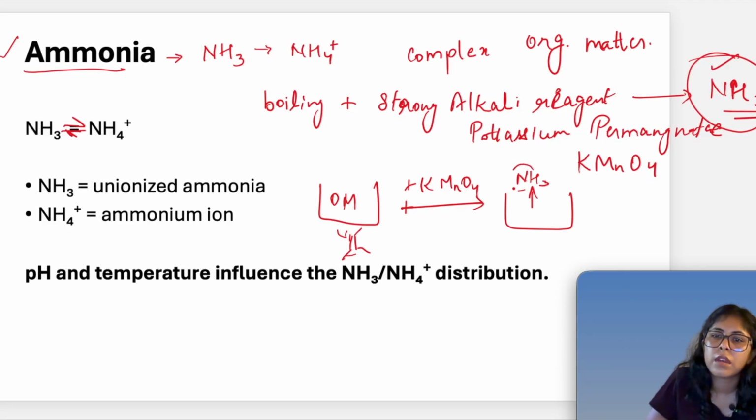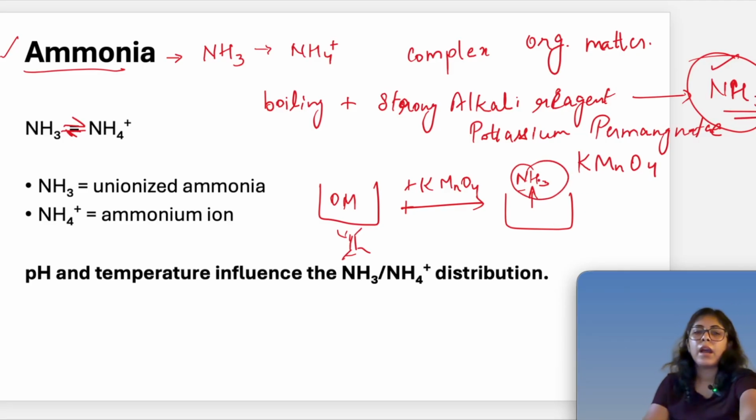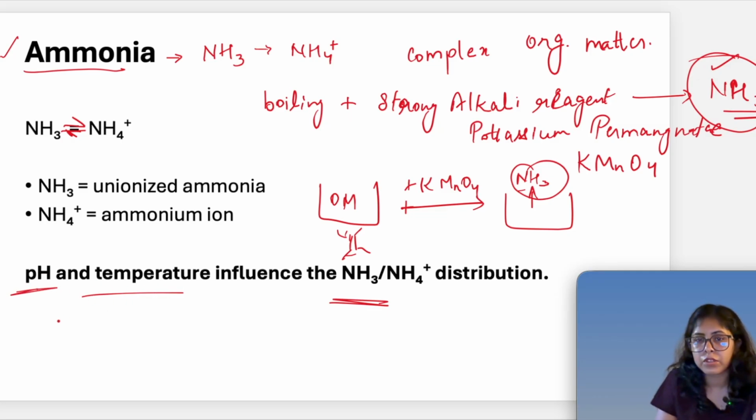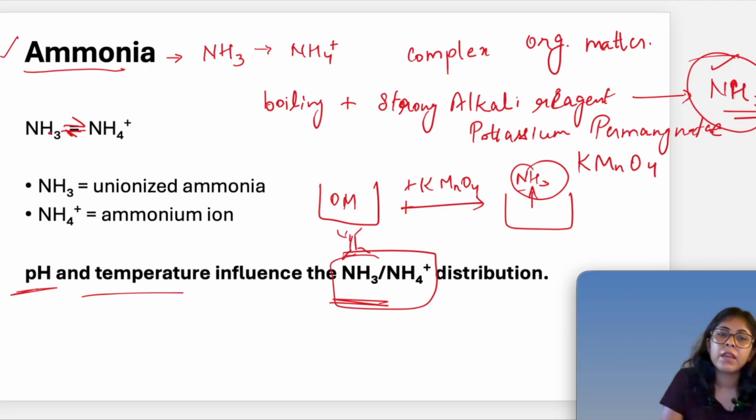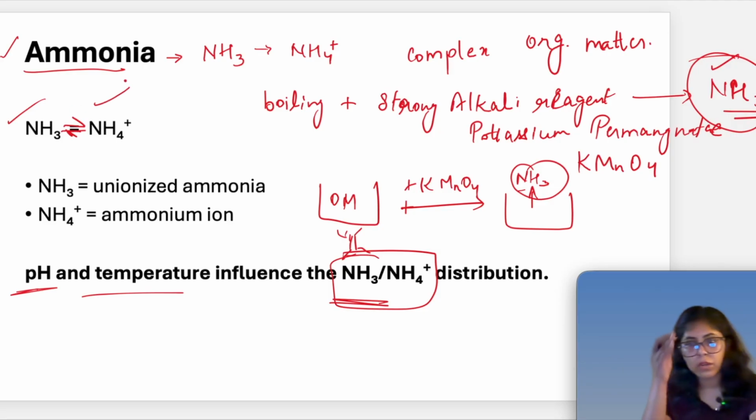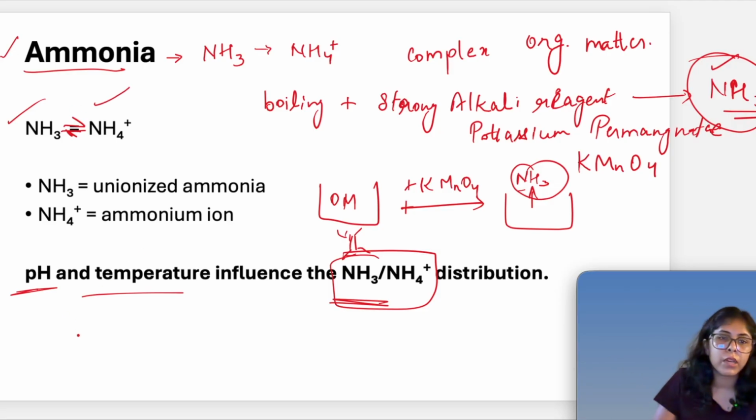So this is how you will be getting ammonia. And between NH3 and NH4, what you get depends totally on pH and temperature. So this influences the distribution of NH3 and NH4. The ratio of NH3 to NH4 depends on pH and temperature, right? So this is what ammonia is.